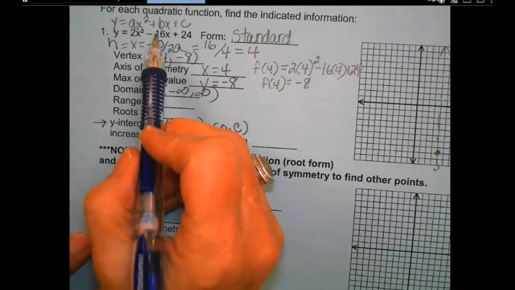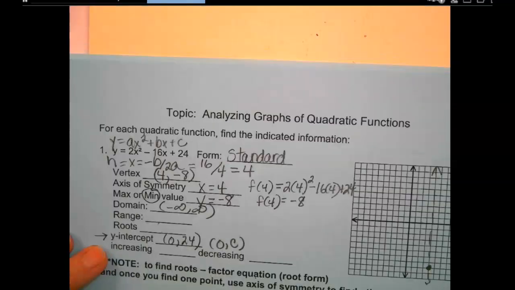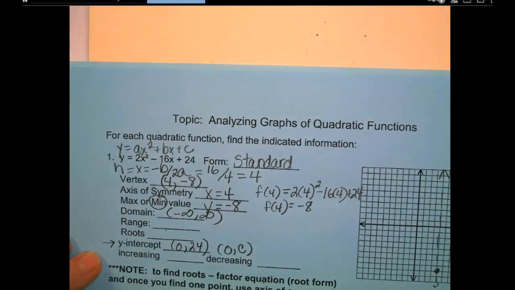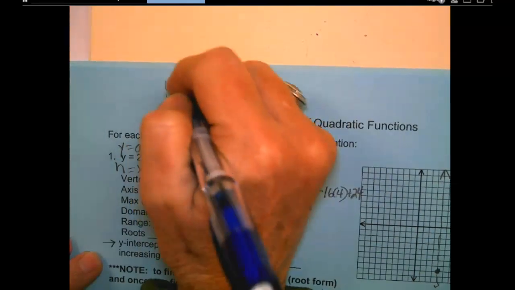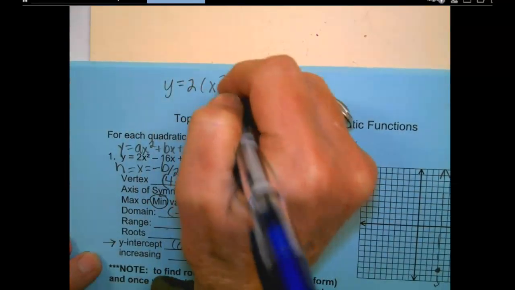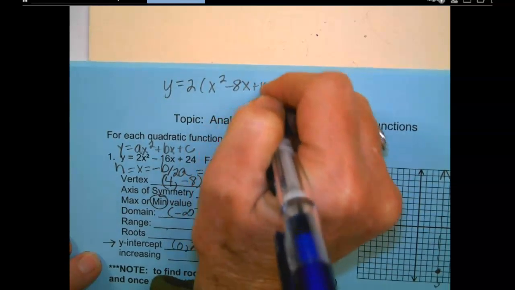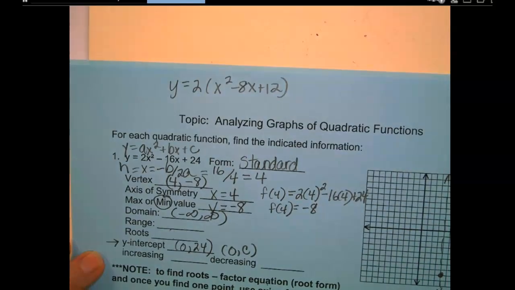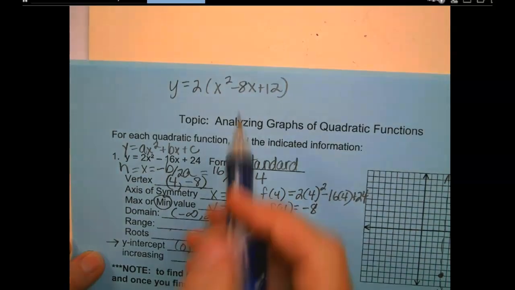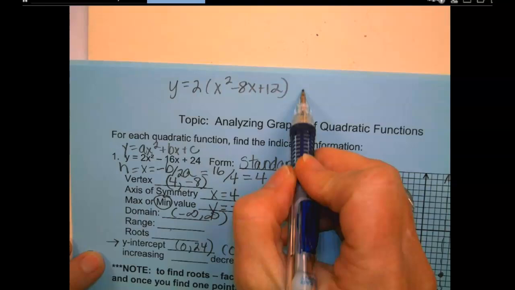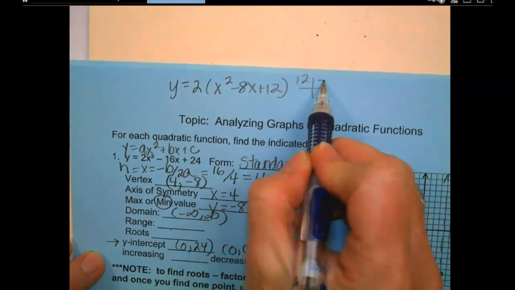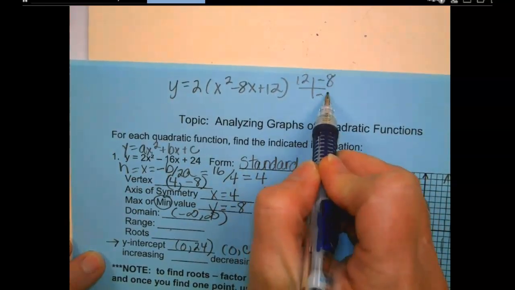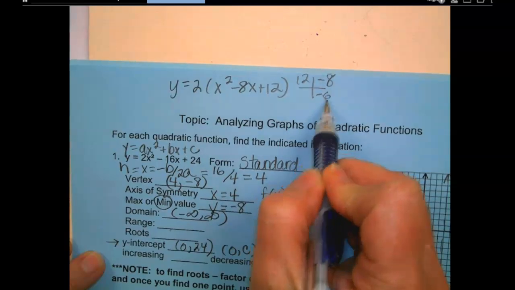So if I go back to my standard equation, first of all, I can divide out 2. And if I divide out the 2, then this, my a times c, is going to give me negative 6, negative 2.